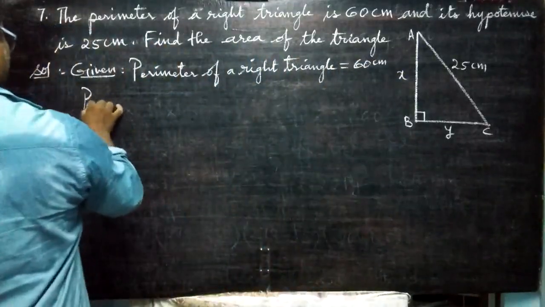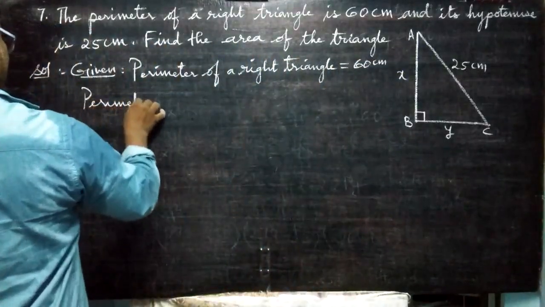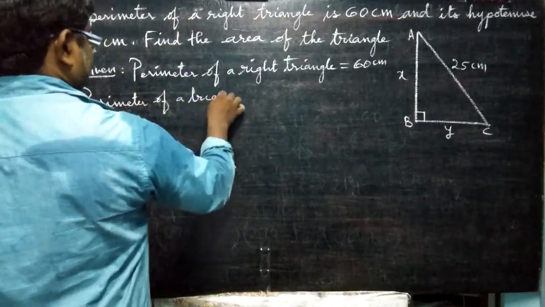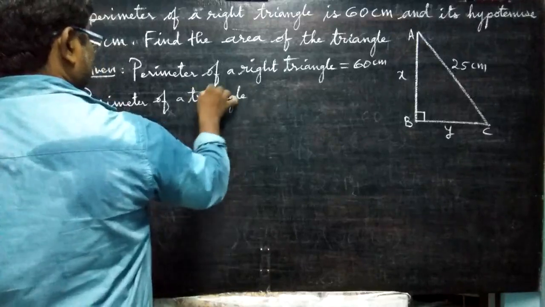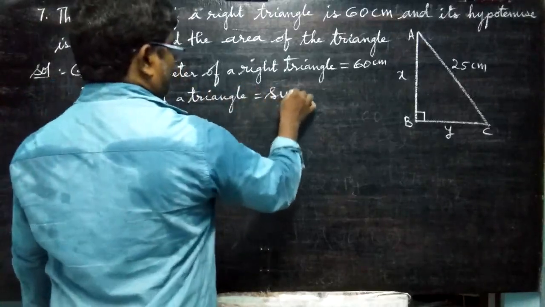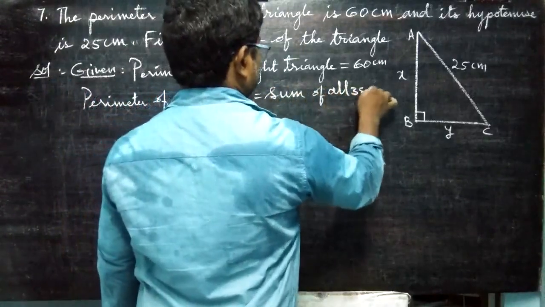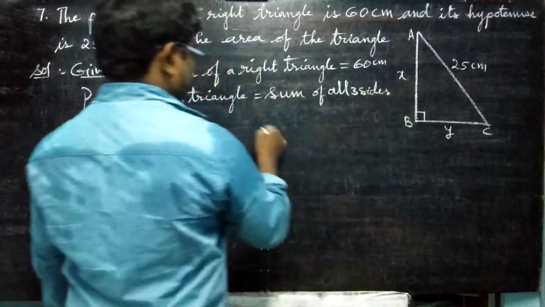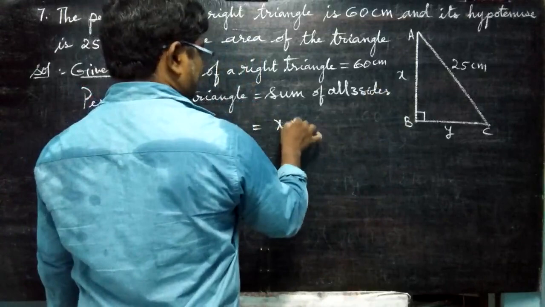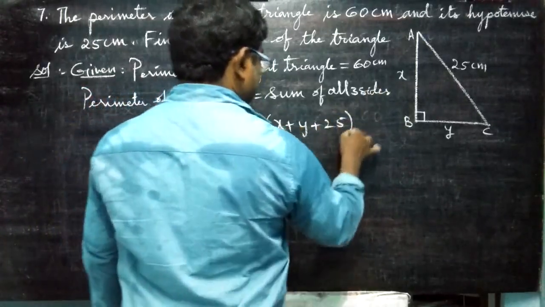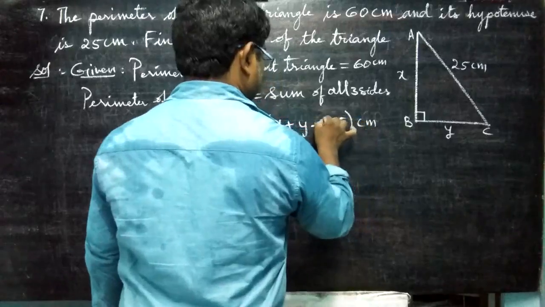Now what is the formula for the perimeter of a triangle? Perimeter of a triangle is equal to the sum of all three sides, that is x plus y plus 25 centimeters.